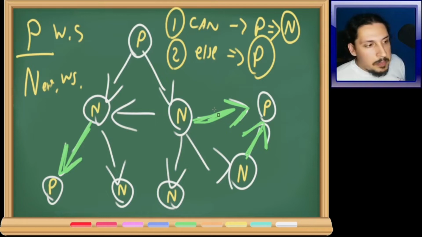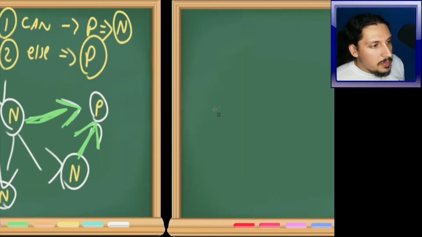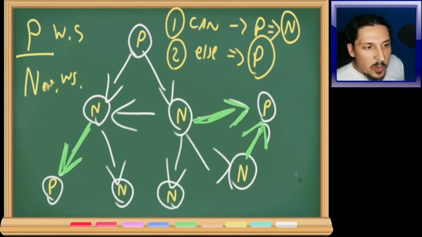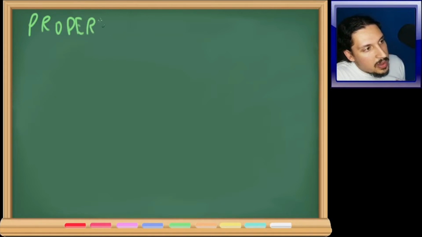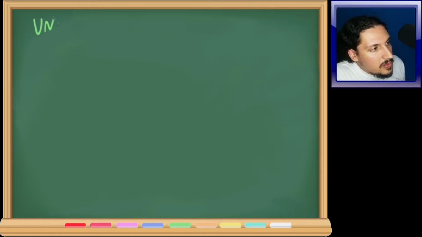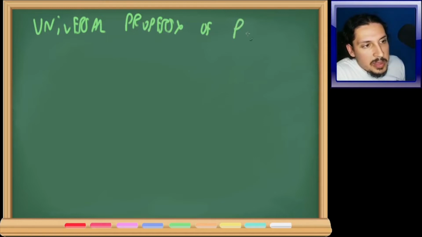Okay. I should also say that this is one way to compute the P and N positions, but another very important way to compute them is using the universal property. Well, it's called like that, universal property of the P N positions.